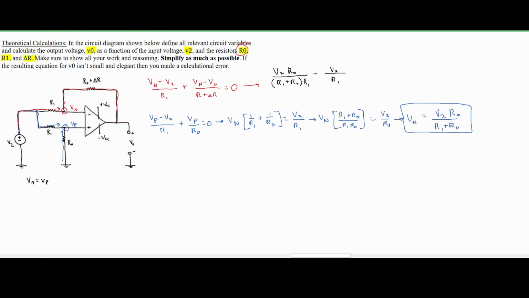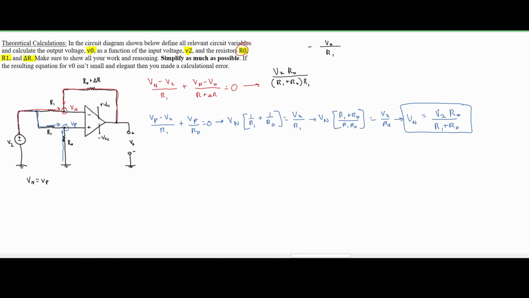And then from here, it actually might be better if we combine these. So we have this as our current part right here, and that's this part. So instead of having it like this, well, let's make them have the common denominator. So what we're going to do is we'll keep this until we combine them.